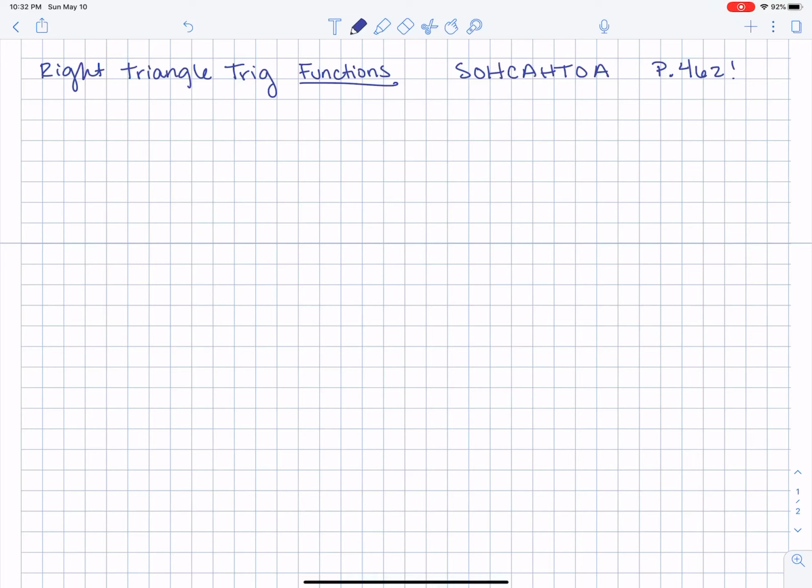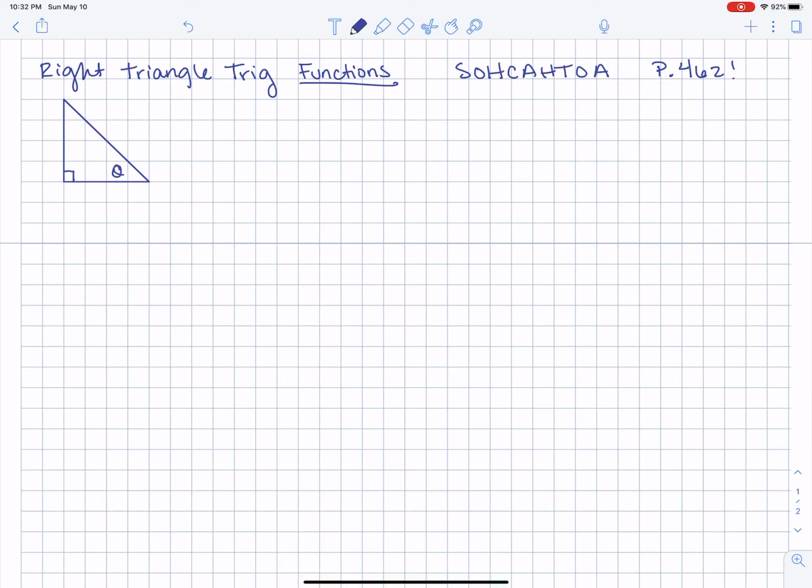So there's all these cool functions, and these are the ratios of our right triangles. Now, this is just a random right triangle. We don't know what the angle measures are. But I do know that this angle down here is theta. That's what we're going to call theta.